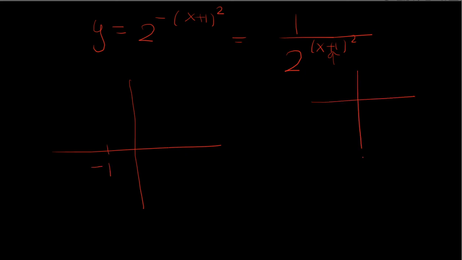Okay, so when I make the table, I want to keep in mind that -1 is kind of the middle. So if I plug in -1, I end up getting 1. Let's see, let's go to 0 next. Plug in 0, I get 1/2.